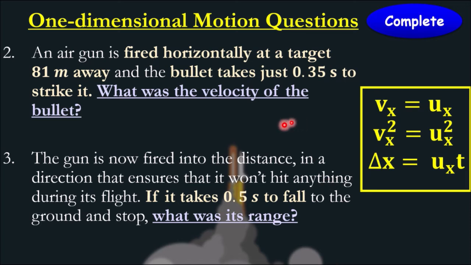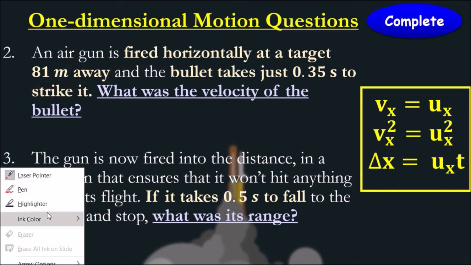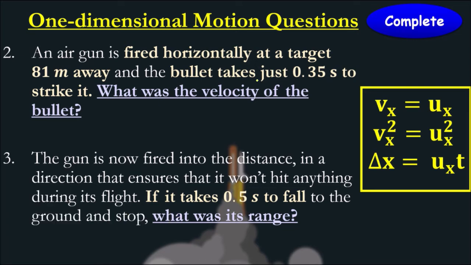Okay, so if we look at this set of questions here, we have an air gun that's fired horizontally at a target that is 81 meters away, and the bullet takes that amount of time to strike. So obviously the best thing to do is always write down the components of what you have. Let's say this direction moving forwards, it doesn't really state, but let's say that motion towards the right is the positive direction.